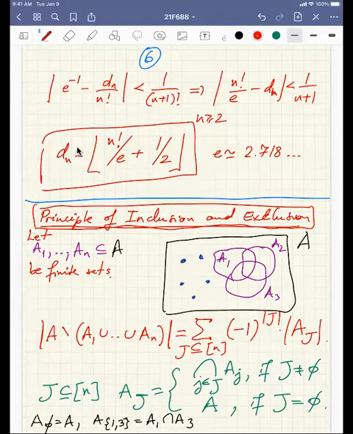That's why we like this summation notation. It's a short formula, but you should realize that the number of terms inside this summation is 2 to the n, because those are all the possible intersections between the sets A1, A2, and so on.